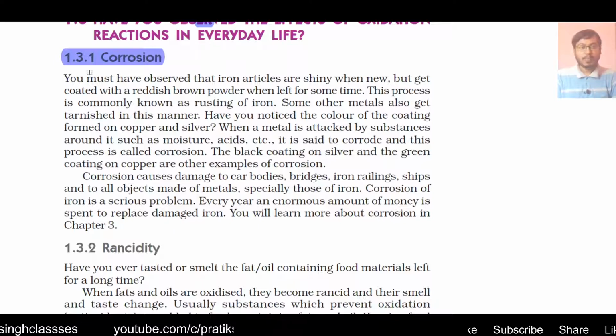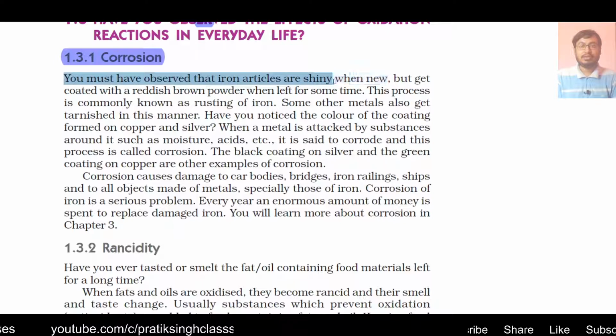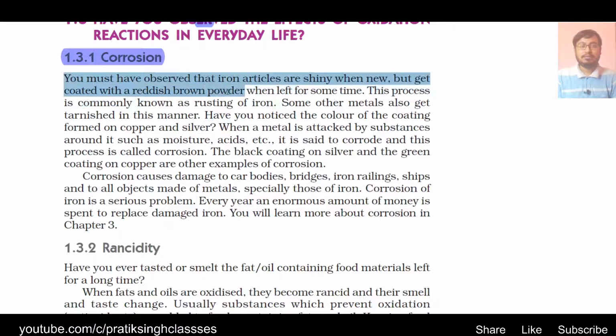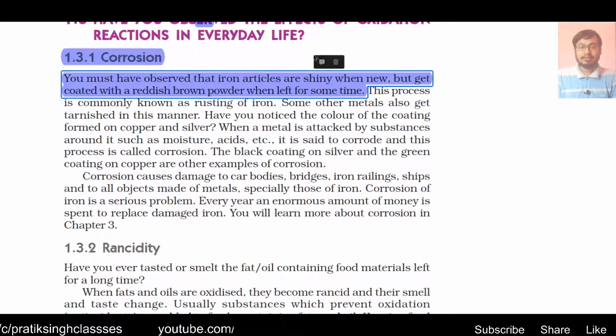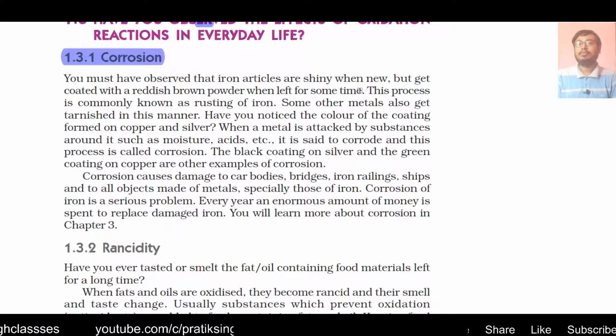You must have observed that iron particles are shiny when new but get coated with a reddish brown powder when left for some time. It happens because the iron particles are left for a long time in the open atmosphere.